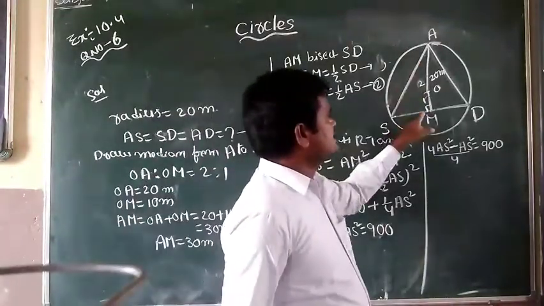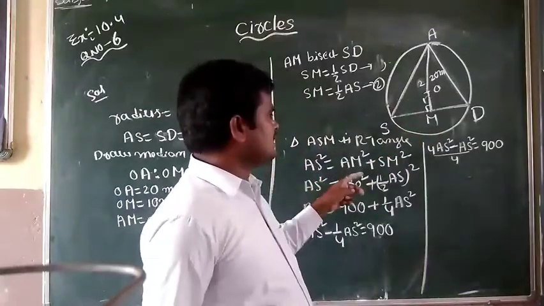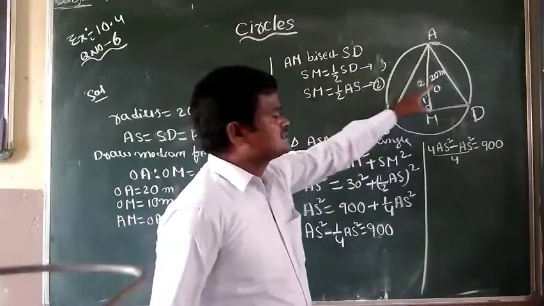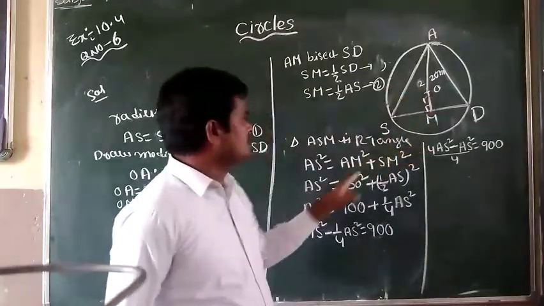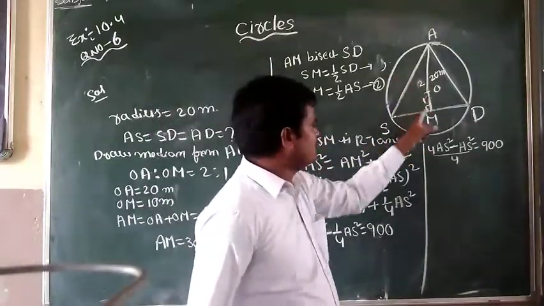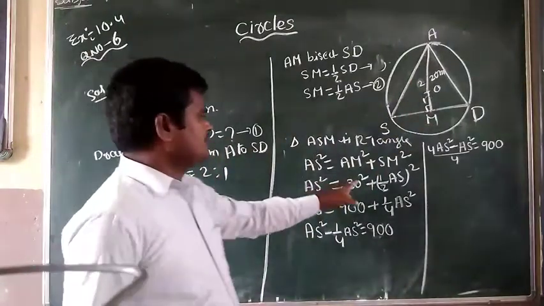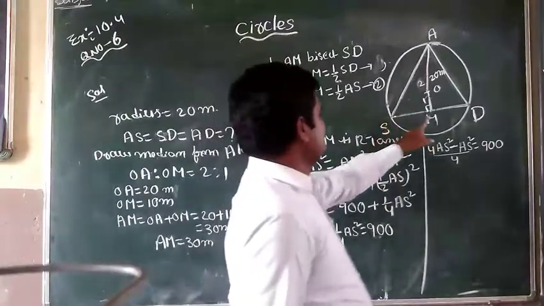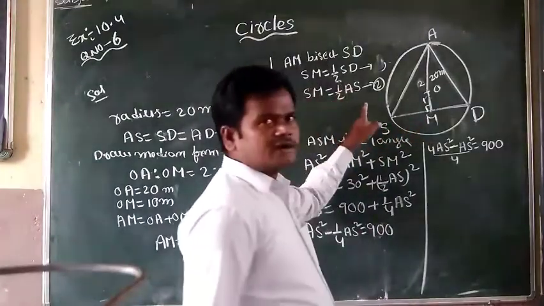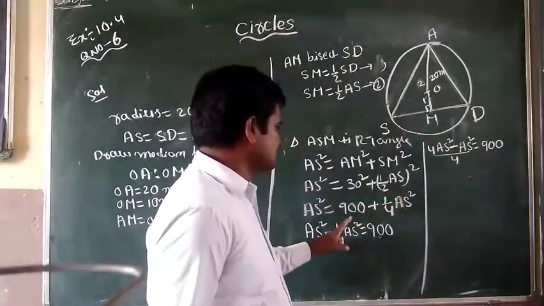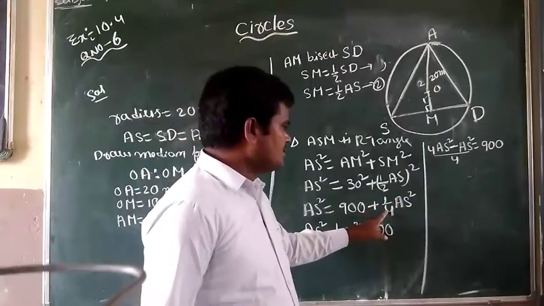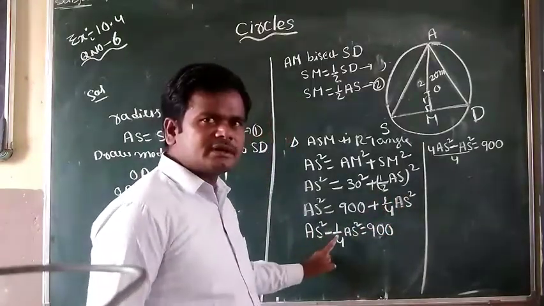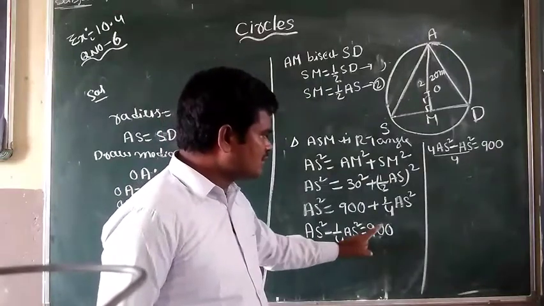According to Pythagoras theorem, in a right angle triangle with AS as the hypotenuse, AS square equals side square plus side square. AM equal to 30, so 30 square plus SM, which is 1 by 2 of AS. 30 square equals 900, so AS square minus 1 by 4 AS square equals 900.